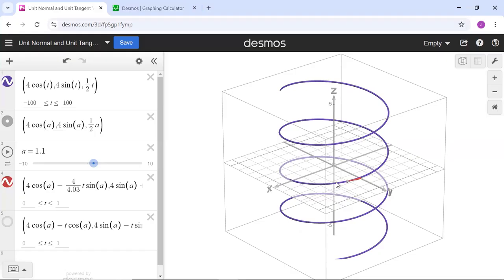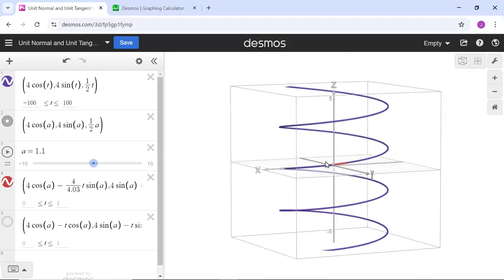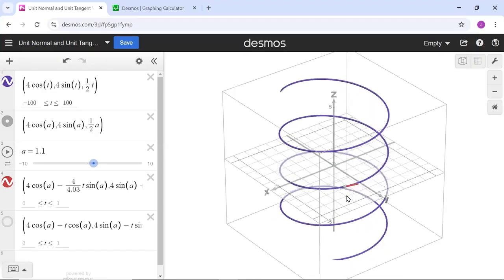That's because as t is increasing, my point along the curve is moving up and to the right. So it is pointing in the direction of the curve as t is increasing. So that's the unit tangent vector.